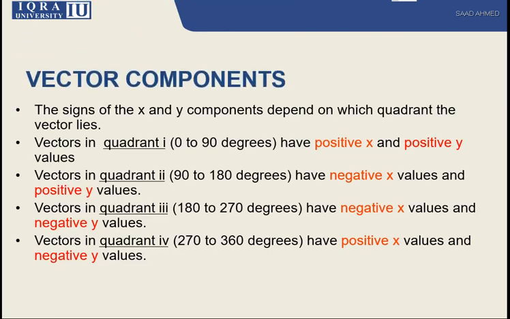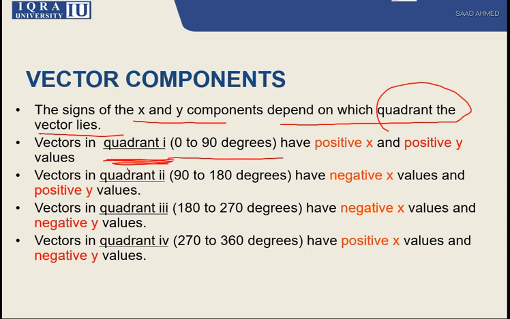Okay, the sign of the x and y components depends on which coordinate the vector lies in. If it is in the first coordinate, that is 0 to 90 degrees, we have positive x and positive y values. If it is coordinate 2, that is 90 to 180 degrees, x will be negative, y will be positive.